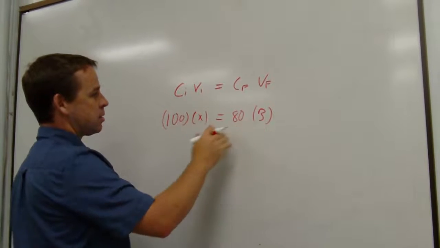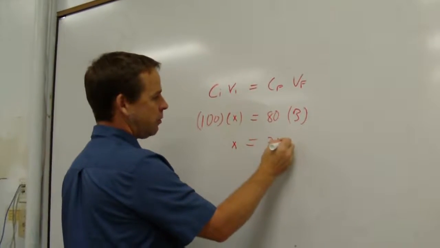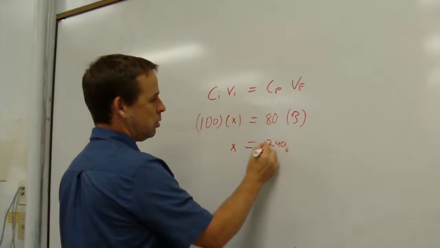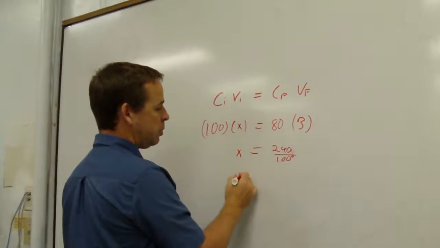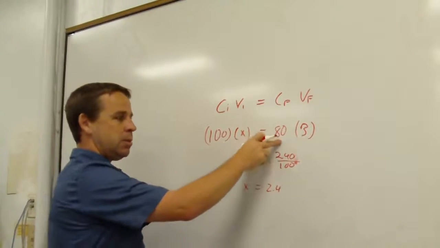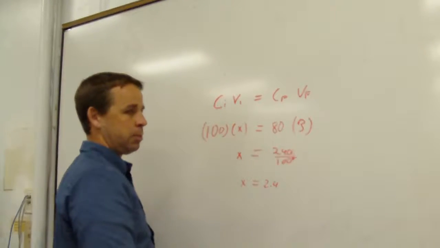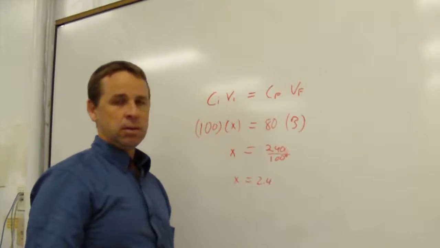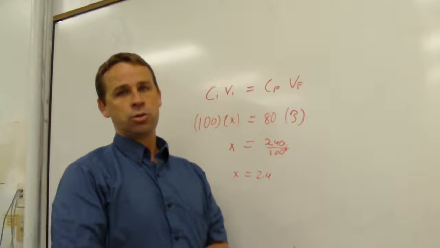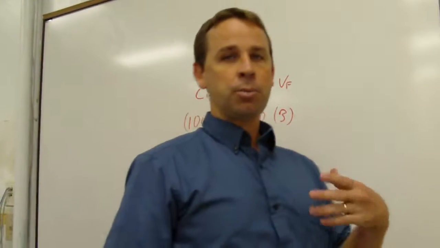So we can solve for X, and identify how many milliliters of the 100% solution we need, and then we have to fill it up to that volume of 3 milliliters to get the final volume of solution that we want. Does that make sense? So there's this to help you find any future concentration.